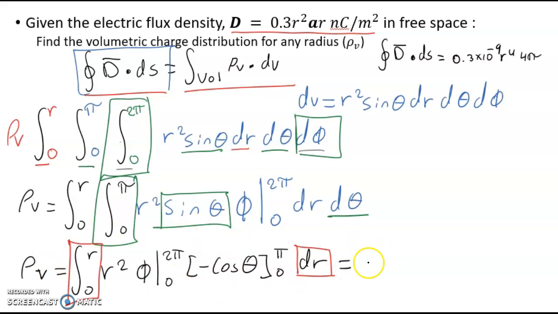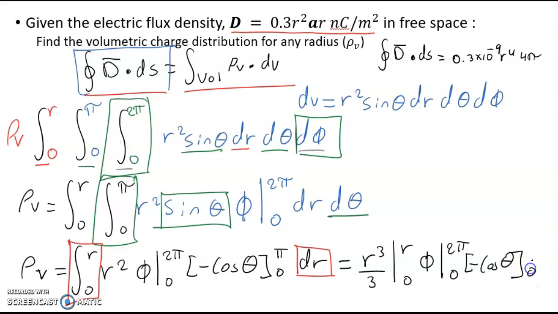This result is going to look like r cubed over 3 evaluated from 0 to r, times phi evaluated from 0 to 2 pi, times minus cosine of theta evaluated from 0 to pi.